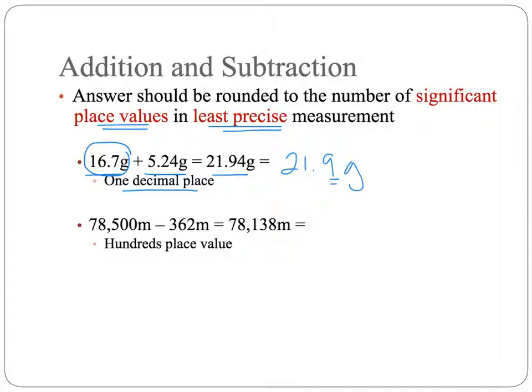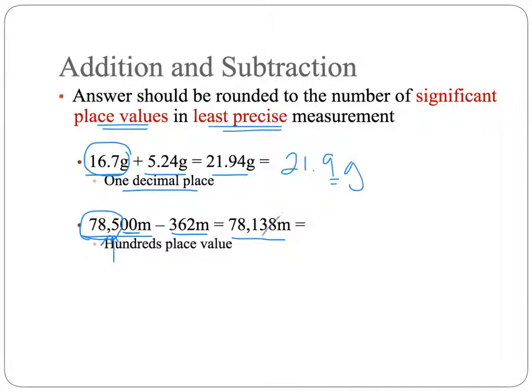Occasionally you may be working with measurements where you need to think about the place values, not the decimal places, when adding and subtracting. So if we had 78,500 meters and subtracted 362 meters from it, you get 78,138 meters, but you only had significance in the place value to the hundreds place here. The tens and the ones were zeros, and those are not significant zeros, so the least precise place value is the hundreds value.